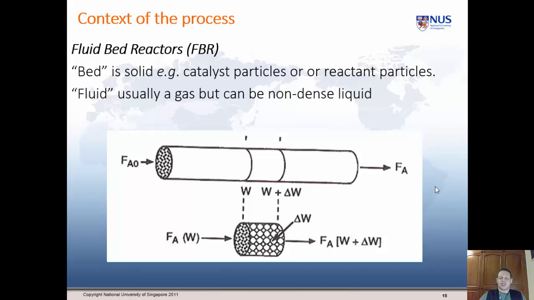Can be a non-dense liquid, but again, this is the mainstay of the petroleum industry and some of the other stuff we're going to be looking at in this module. So you have flow going in and flow coming out. And as I say, we'll look at this in detail in a minute. There are implications for the process as to which of these types of reactor you have.